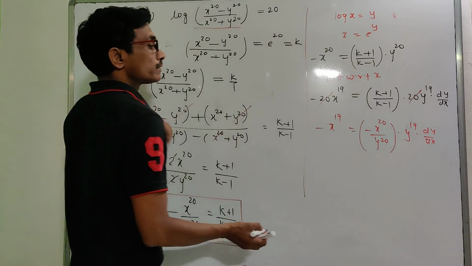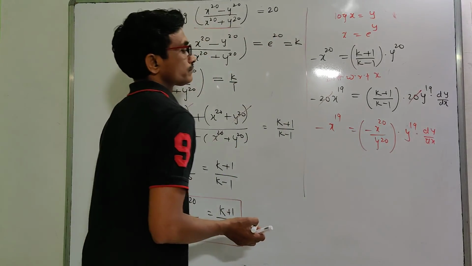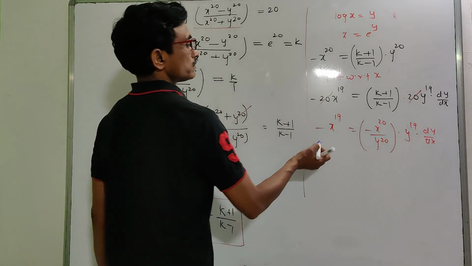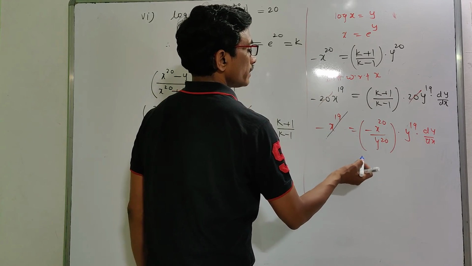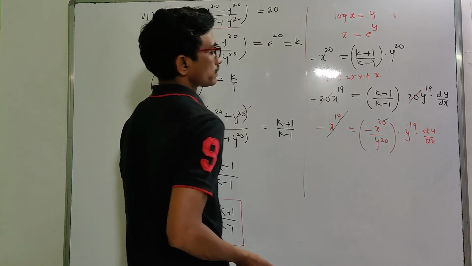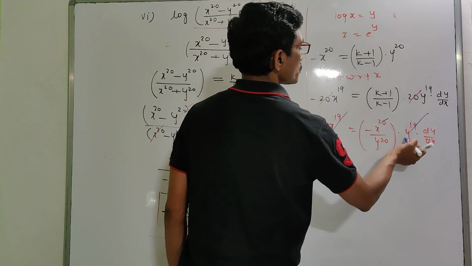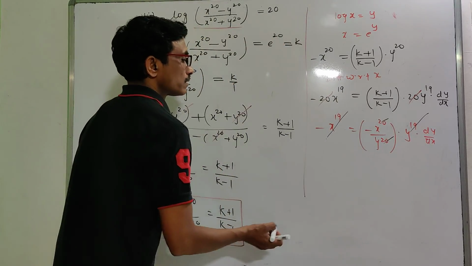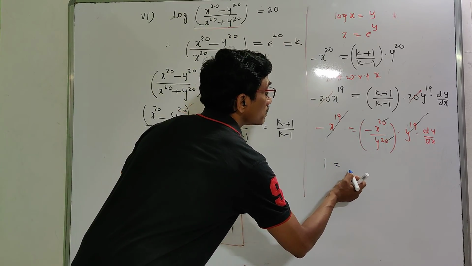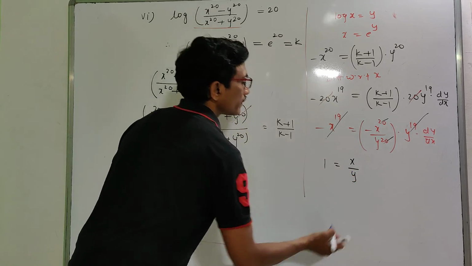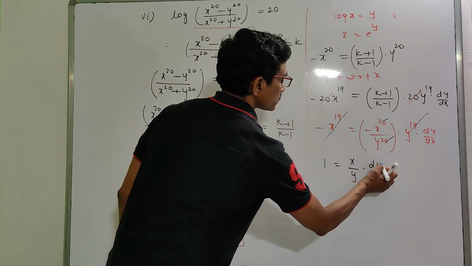What is getting then? Here x raised to power 19 is getting cancelled, y raised to power 19 is getting cancelled, and finally here 1 x upon y into dy by dx.